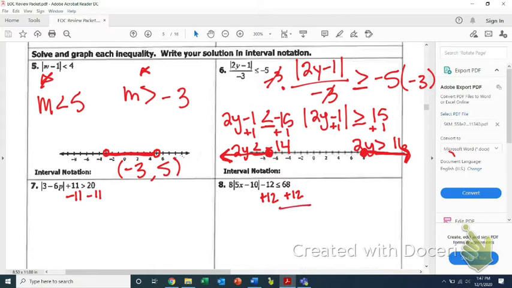Then you will divide by 8. Don't forget to change the sign of your answer. If it's positive or negative, you got to have both. And then also don't forget to flip your sign so you have a greater than, less than, greater than or equal to, less than or equal to. Okay, so it's just like number 5 and number 6.